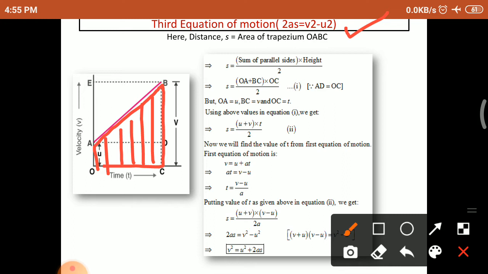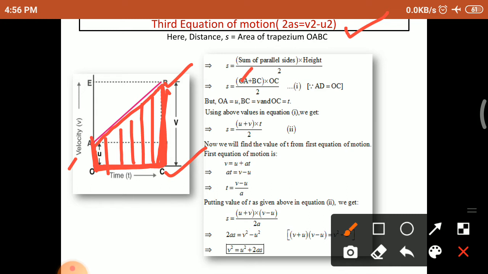The area of the trapezium, we can write as the sum of parallel sides into height. Here this is taken as the height and these are the parallel sides. S equal to the sum of parallel sides. What is a parallel side? BC is one parallel side. OA is the other parallel side.